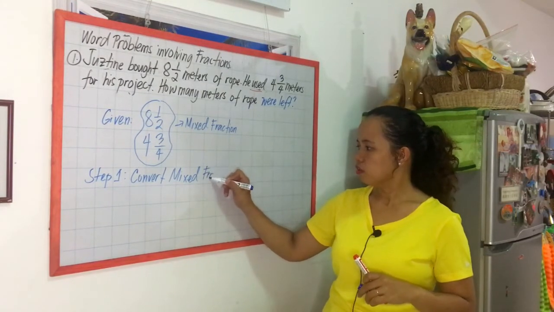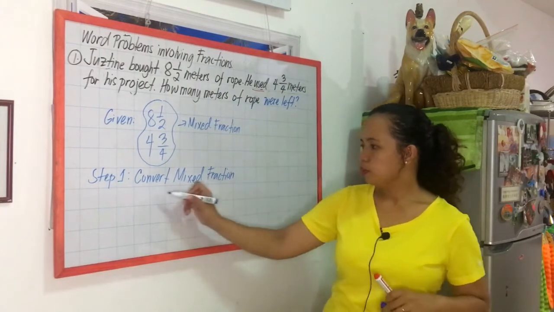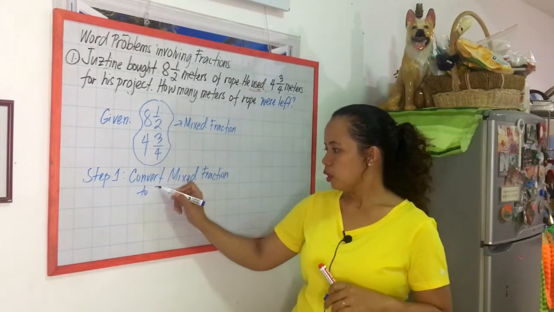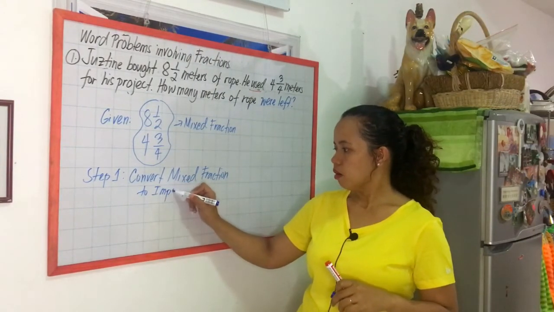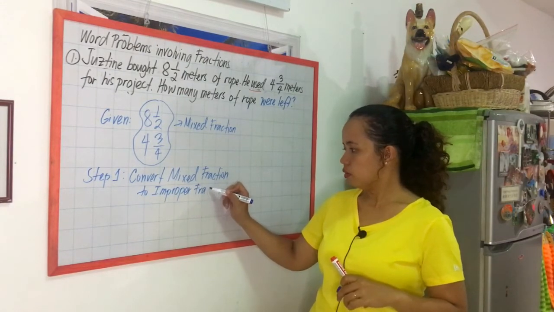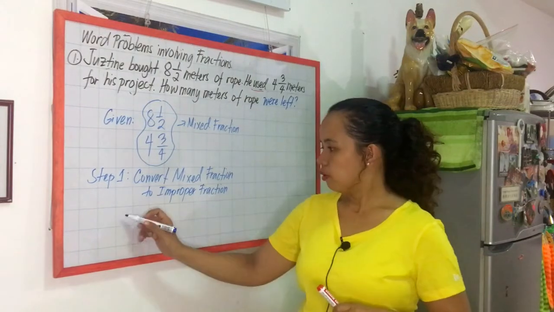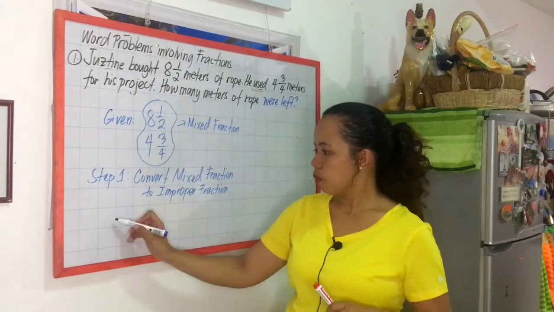Convert mixed fraction to improper fraction. So, meron tayong first one is 8 1/2.